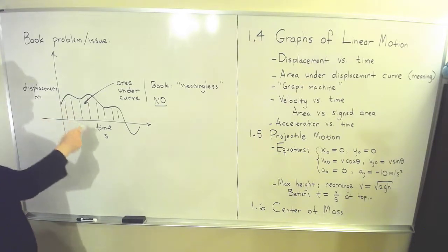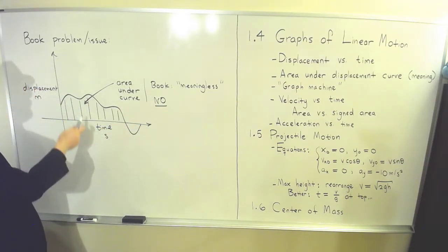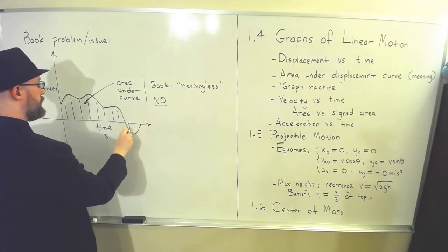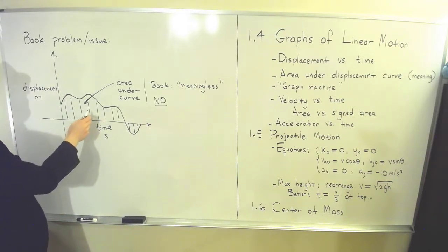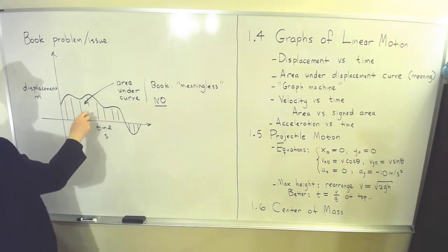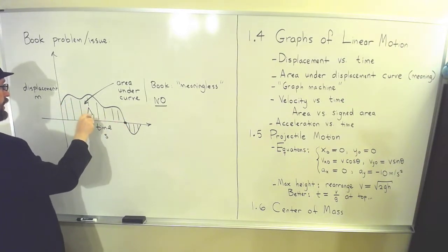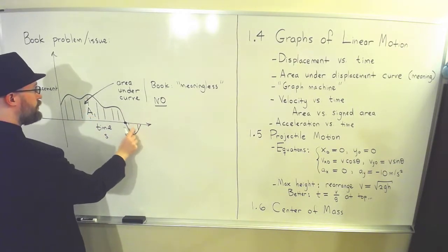So what does the area under the curve mean? Or more generally, the area between the curve and the axis. So I could take this area here, this whole area from this point up to this point here. I'll call that A1. And I'll call this area here A2.